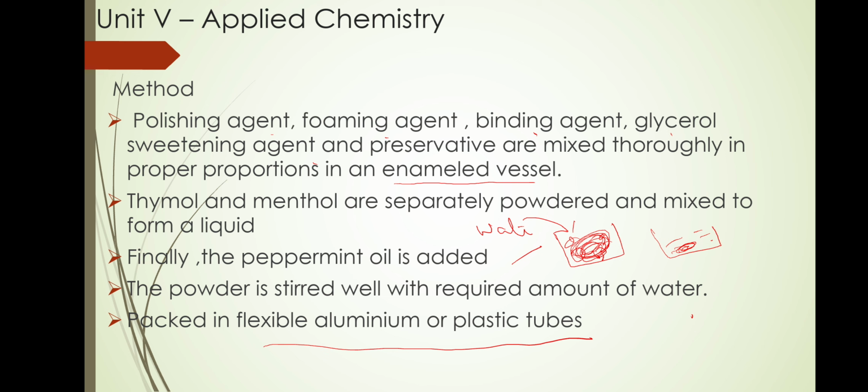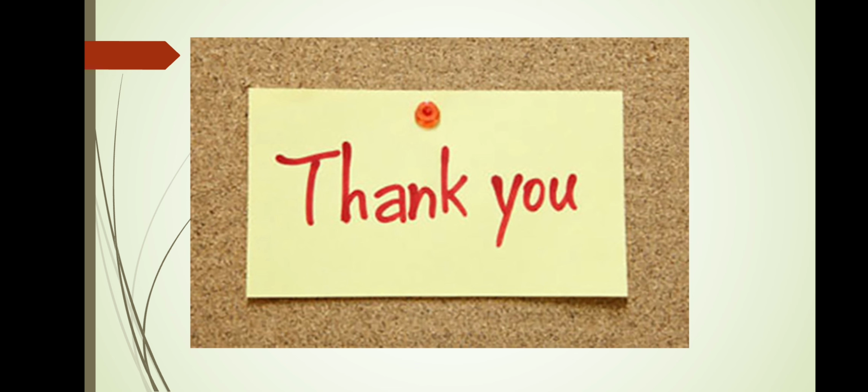Then peppermint oil will be added and stirred well so that we get a uniform powder. To this we will add the correct proportion of water so that it converts to a paste, and then it will be stored in aluminum or plastic tubes. So that is how toothpaste is made. Okay, thank you.